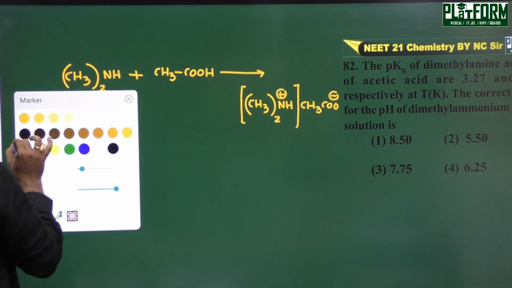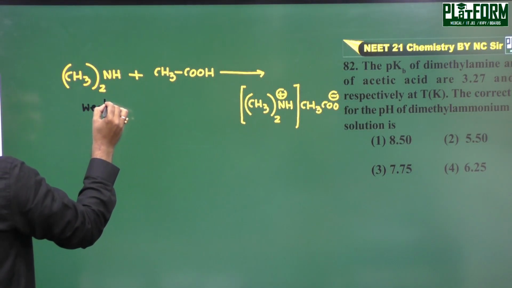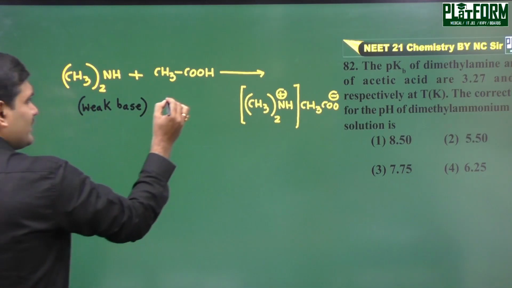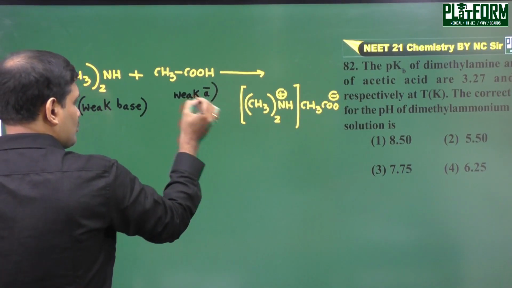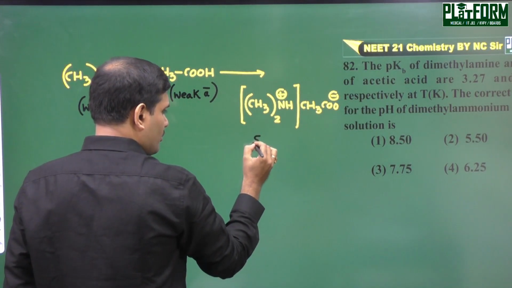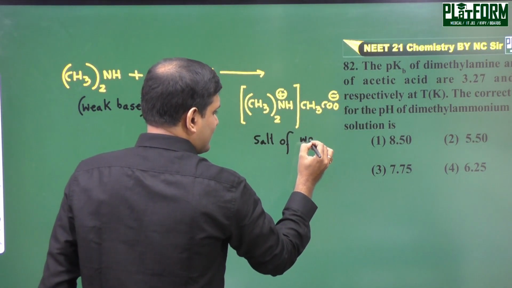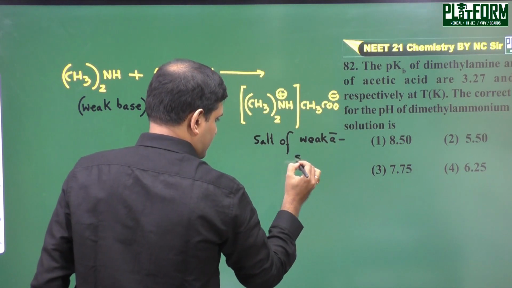Definitely dimethylamine is a weak base, acetic acid is a weak acid, and the salt produced is of a weak acid and a weak base.